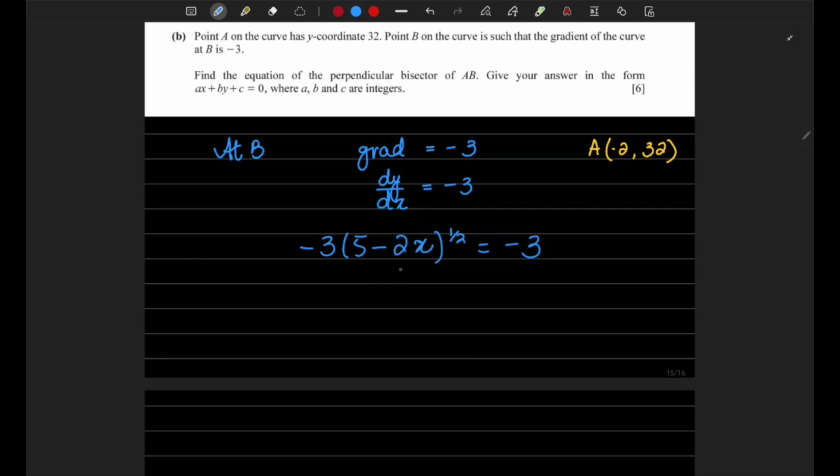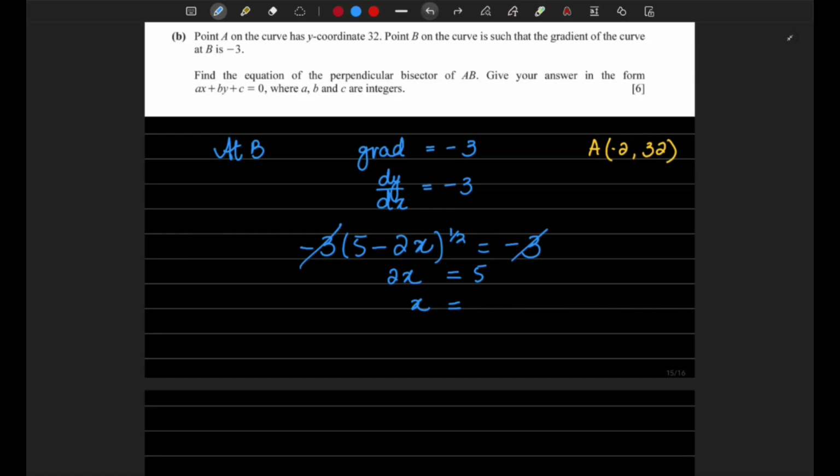So x will be equal to 5/2. -3 or -3, it would be 1.